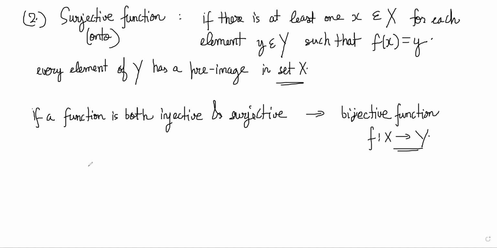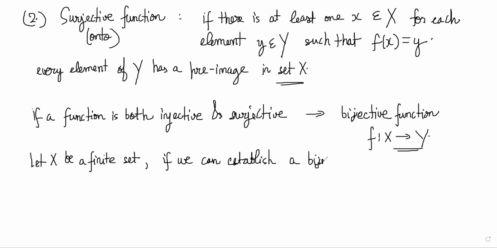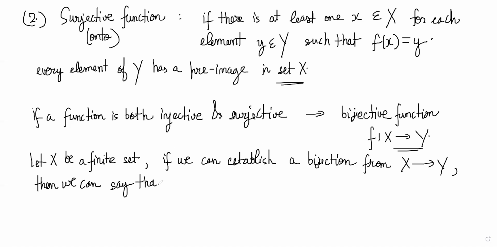So the basic idea of correspondence is, let X be a finite set, and if we can establish a bijection, a one-one onto function from X to Y, then we can say definitively that the number of elements in set X will be equal to the number of elements in set Y. So it might be true that in a problem, the number of elements of set X cannot be directly counted so easily.